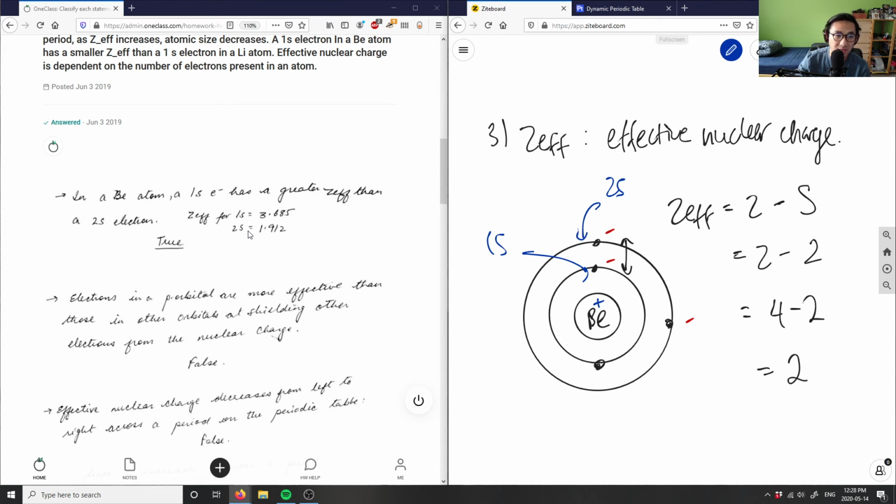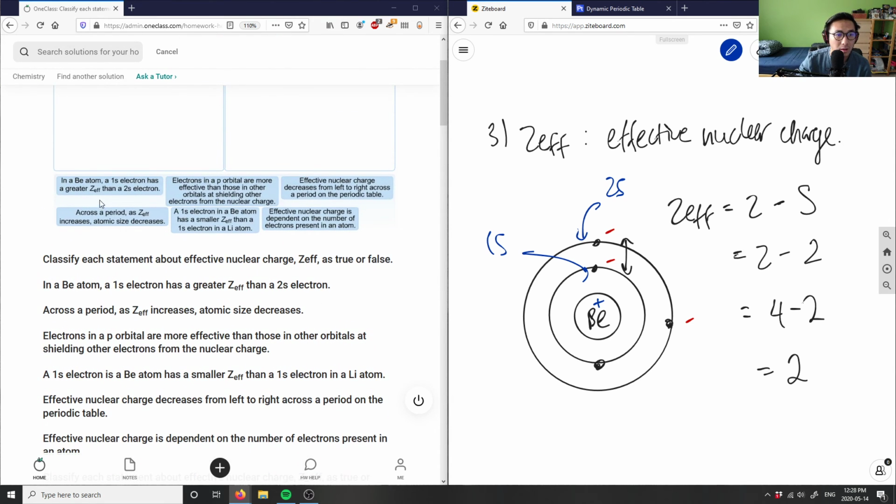Well, in this case, 1s would have a greater effective nuclear charge because it has fewer non-valence electrons, in this case simply just itself, and for the 2s I would have two non-valence electrons. So the effective nuclear charge for the 1s electron is indeed greater than the 2s.